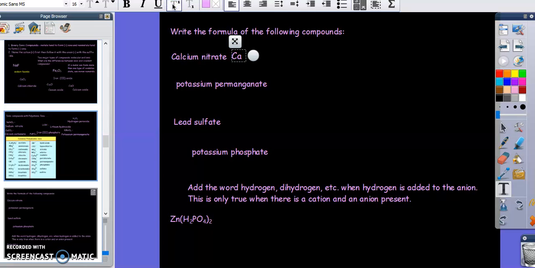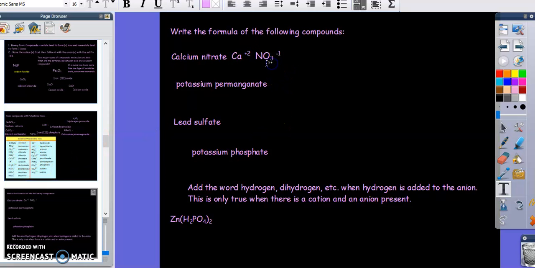And then it says nitrate, and I went back to my list and looked up the formula for nitrate, and it just so happened to be NO, now I need a subscript 3, and I'm going to put -1. So this is the formula that I got from the previous slide, from that little list right there.